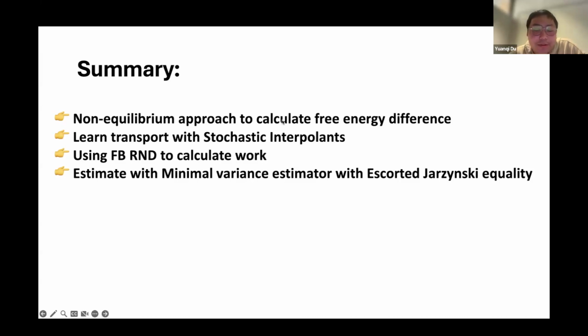It's a realization of the escorted Jarzynski equality, learned, and how to do it. We use and advocate using the forward-backward R&D to calculate work because it has nice benefits. And in the end, we use the minimum-variance estimator, which converges quite fast and stable.